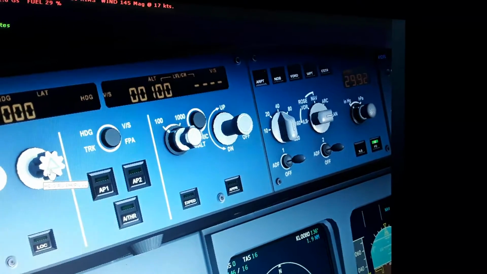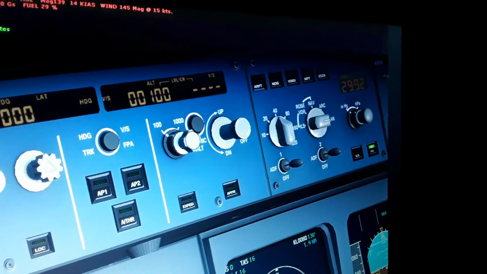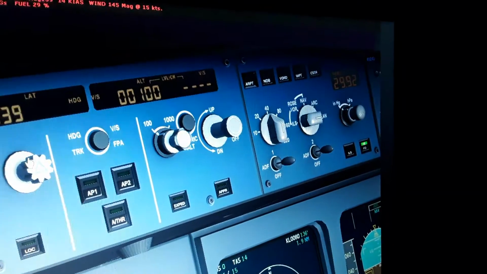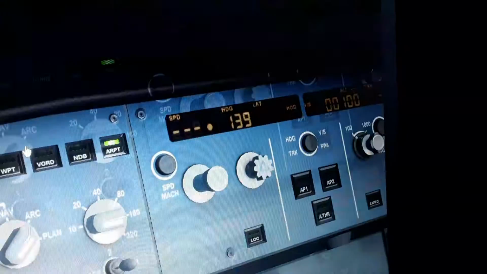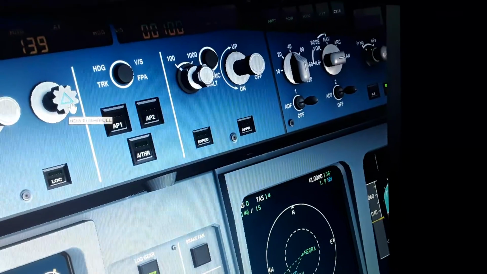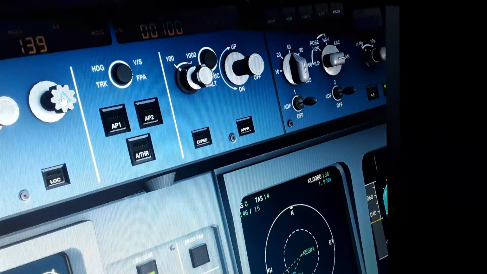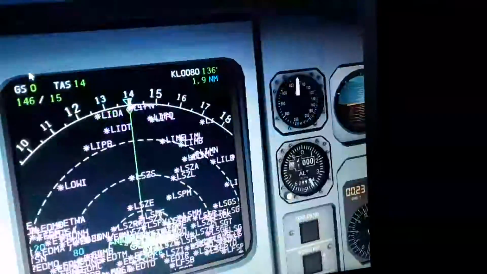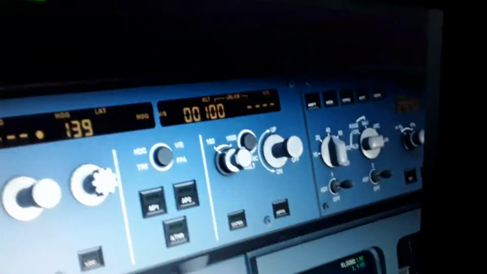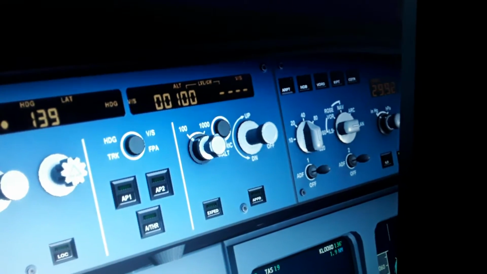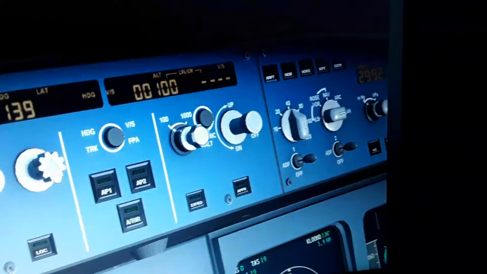So I should press this in actually, and yeah, here we have it. If I press this, it's gonna have this configured not in heading but managed from the flight management computer setting.